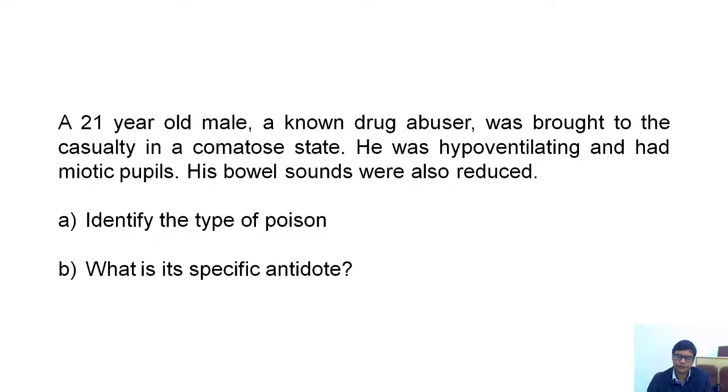Here you can write naloxone, naltrexone, nalbuphine, all are opioid antagonists, but the most correct answer is naloxone only, because as an antidote we use only naloxone. So here the type of poison is opioid, specific antidote naloxone. You answer this much, you get full marks for the question.